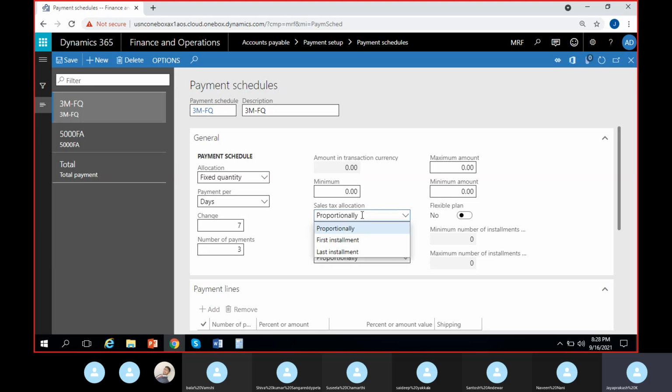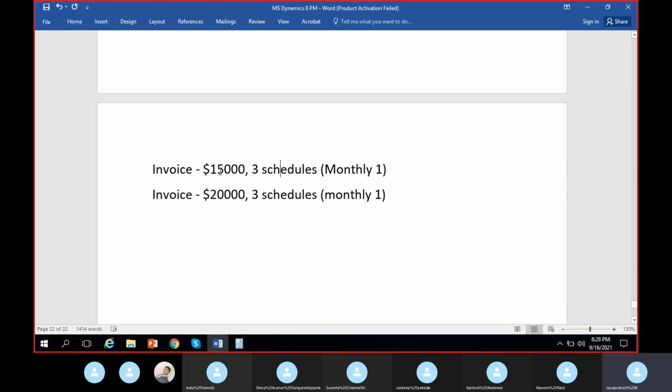Then you have this one. You have the option of paying the sales tax proportionally. Proportionally means along with the installments. Suppose within this 15,000, 10,000 is the original amount and 5,000 is the tax amount. The system will proportionally pay it. Proportionally payment means 15,000 is there, right?